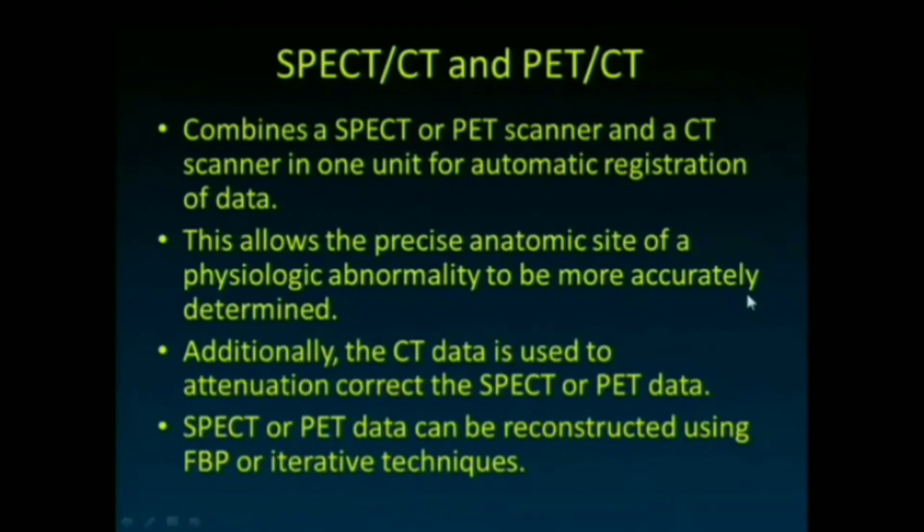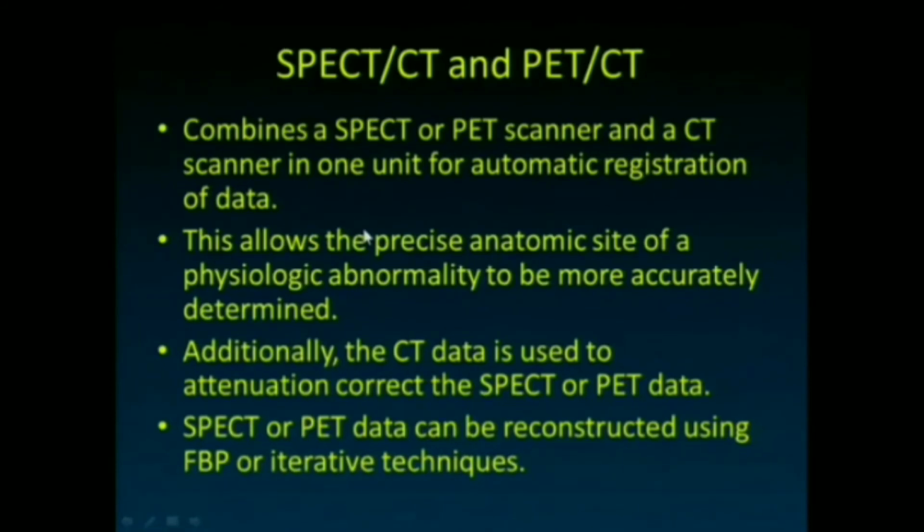Both SPECT-CT and PET-CT incorporate the tomography of nuclear medicine with the tomography of X-ray imaging. And they do that by combining these units together, and it allows us to really precisely anatomically locate these areas of increased radiopharmaceutical concentration.